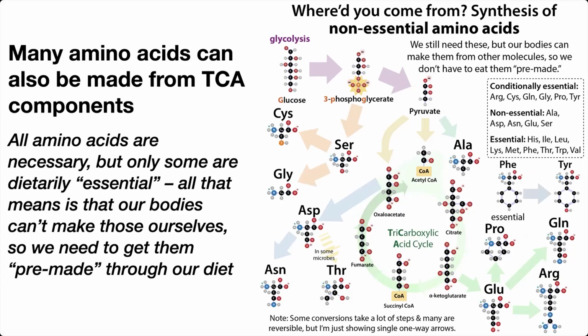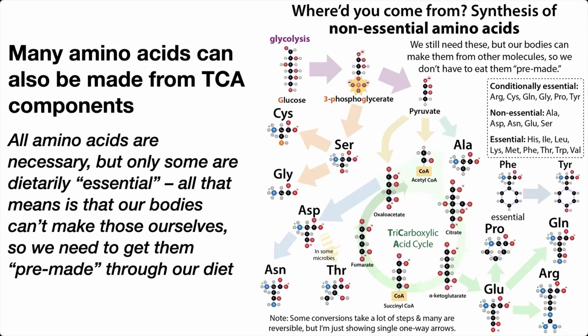As I mentioned, a lot of these reactions involving amino acids and their interconversions are going to be readily reversible. So just like we could take amino acids and put their skeleton pieces into the citric acid cycle, we can also use skeleton pieces from the citric acid cycle and from things you can get from other compounds in order to make amino acids.